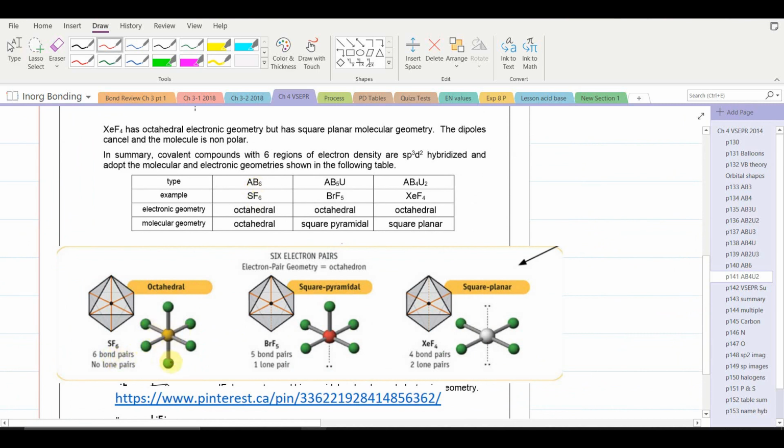The molecular geometry is octahedral. AB5U have 5 bonded pairs and 1 unshared pair. Molecular geometry is square pyramidal. AB4U2, like xenon tetrafluoride: electronic geometry, as in all cases, is octahedral, but the molecular geometry will be square planar.